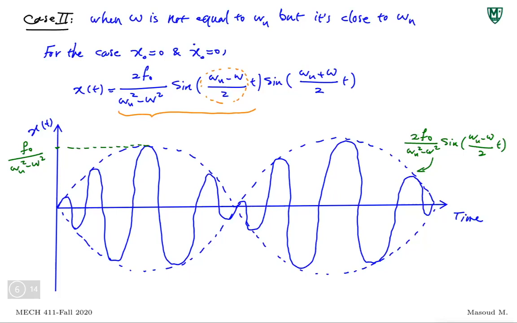Let's call this omega prime. This omega prime is very small. If omega prime is very small, it means the time period for this part of the harmonic motion is long.